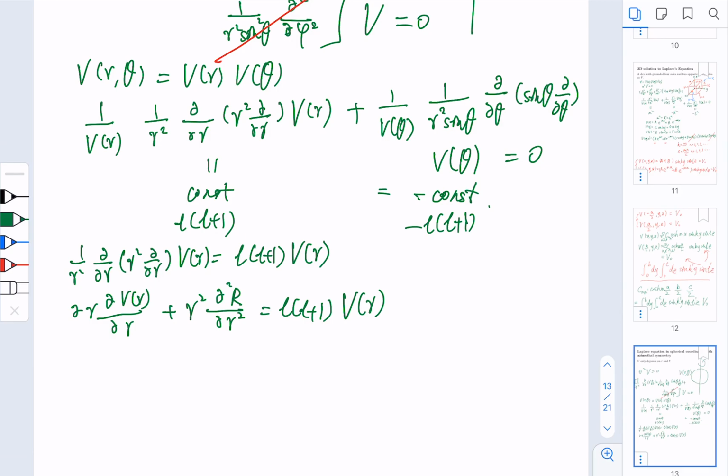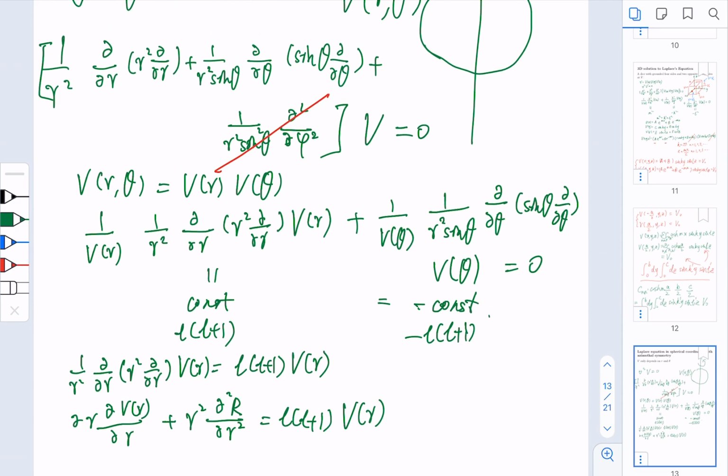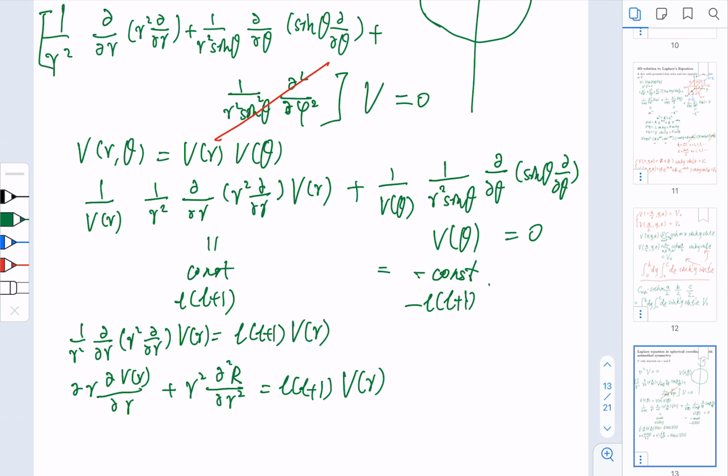Let me see. I think I might have made a mistake. Let's go back. So the Laplacian.